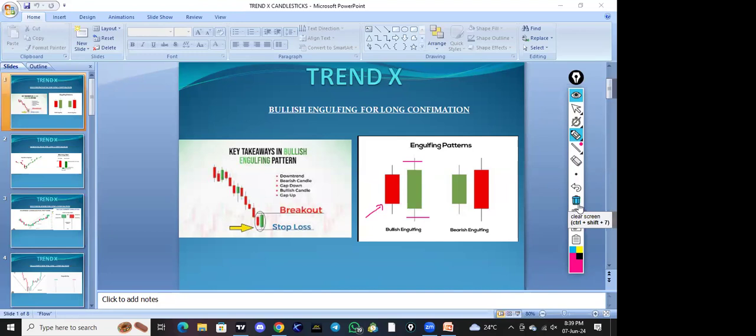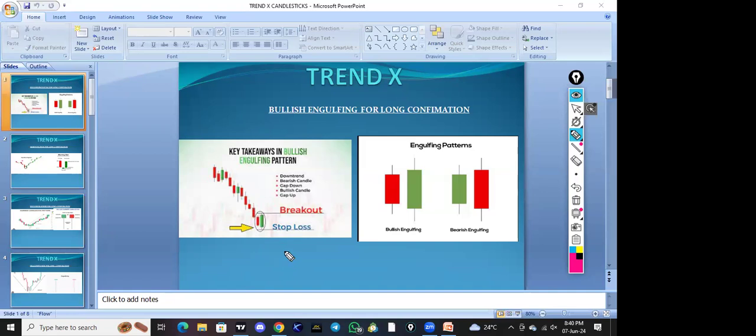So we choose when it comes near support, we have to see these candles, and I'll show you in a real chart. Maybe you will wonder, yeah, it actually works, right? Whenever it comes near support, you should be very careful before taking a trade.